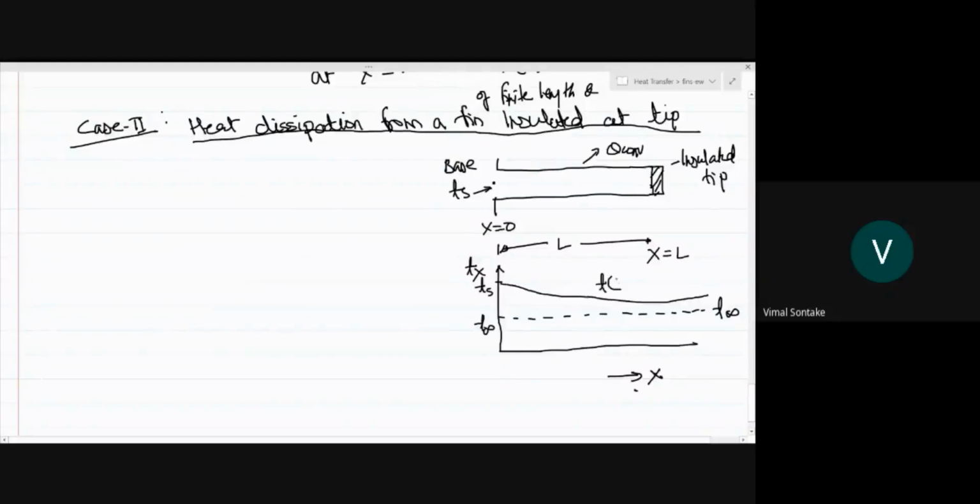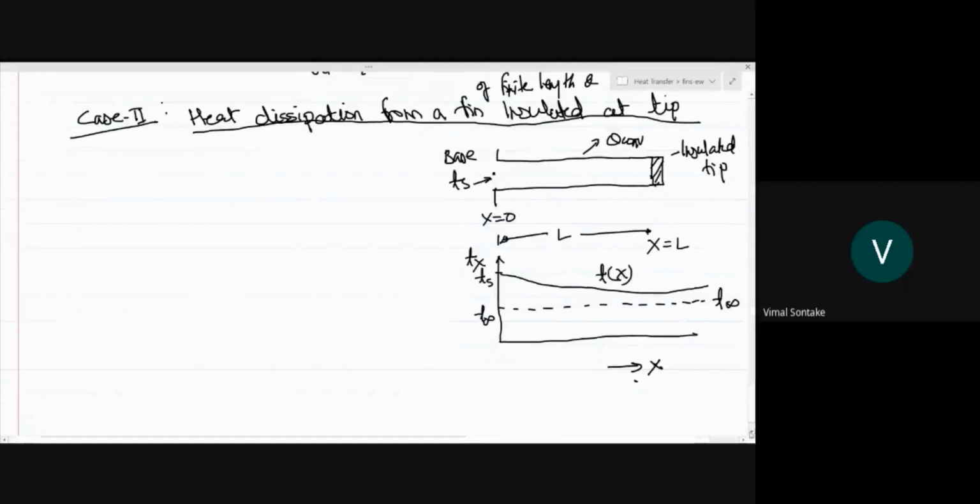So this will be the variation of temperature along the x direction for fin with insulated tip. So title of this figure will be insulated tip fin.